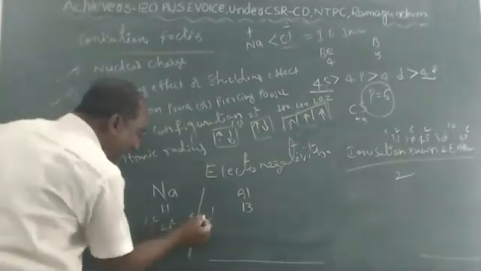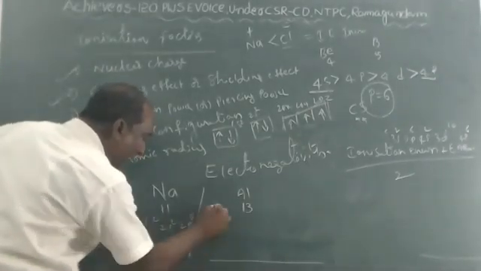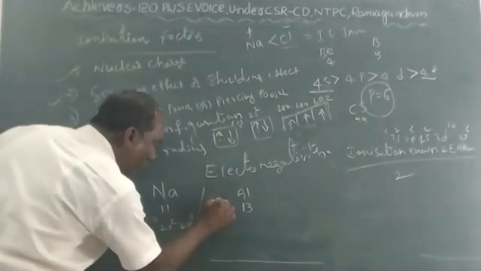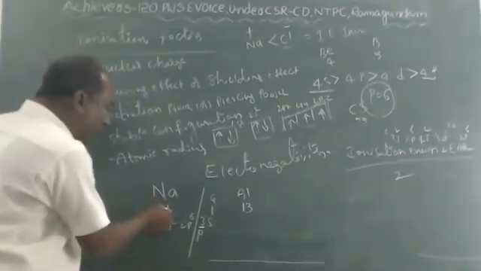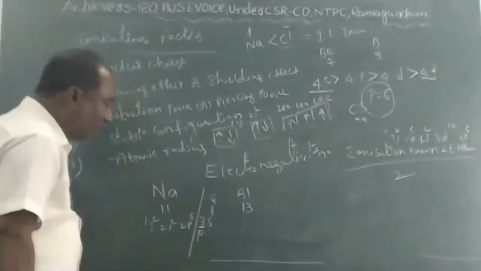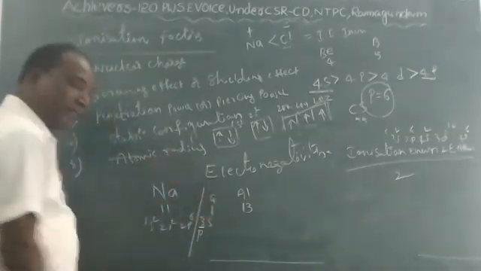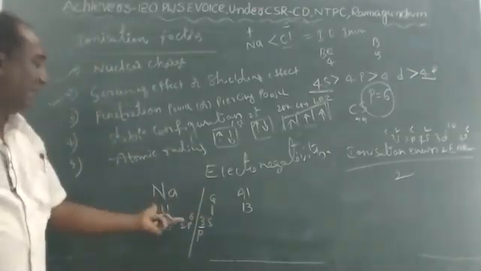It is expressed as the period number, and the outermost shell electron is expressed as the group number. According to this, sodium belongs to the third period in the periodic table, and it belongs to the first group. This is the way to find the group and period of the elements.